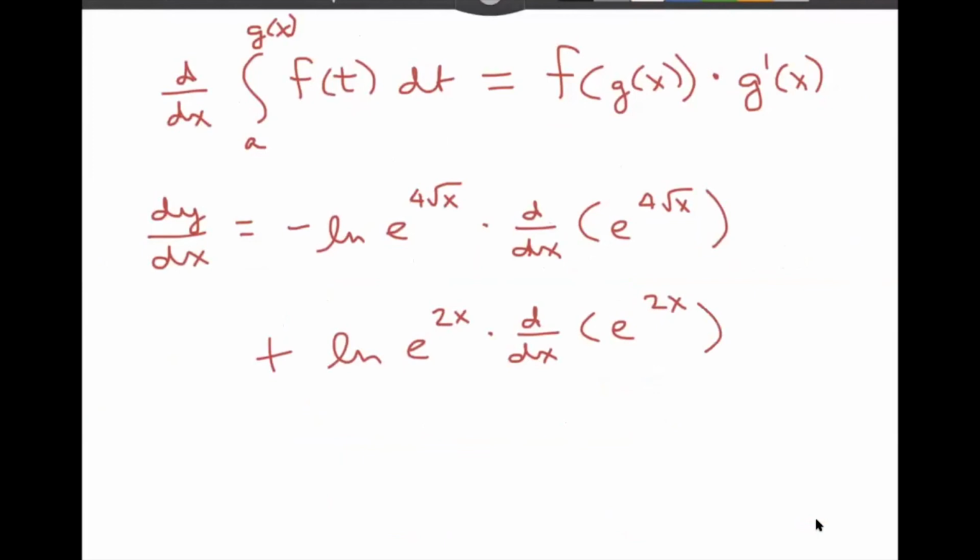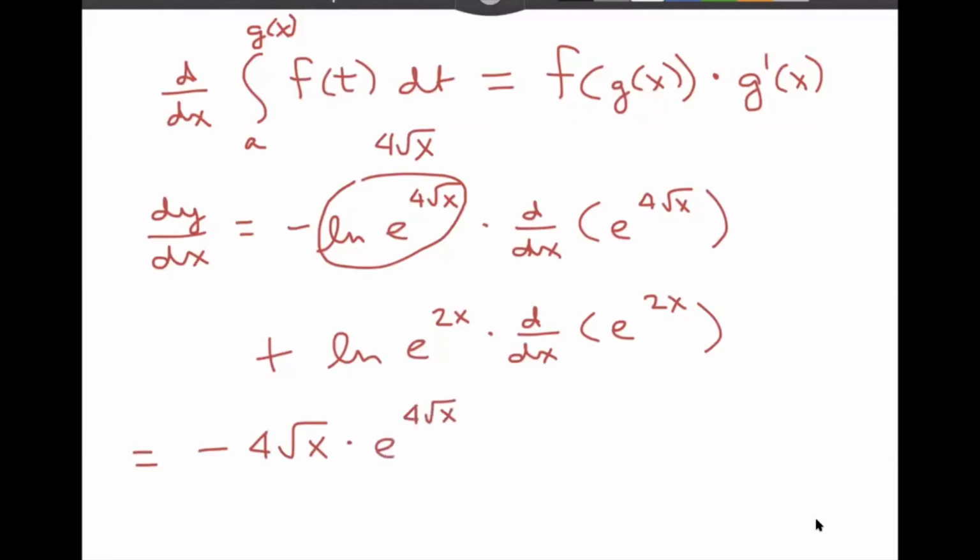All right, so here's what we have. Natural log of e to the 4 square root of x, that's just going to be 4 square root of x, isn't it? This simplifies down to 4 square root of x. So we have negative 4 square root of x. The derivative of e to the 4 square root of x is e to the 4 square root of x times the derivative of 4 square root of x. And I think I better just write that down.